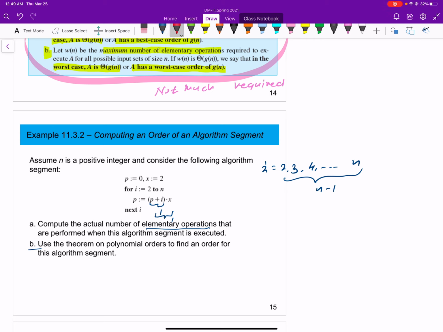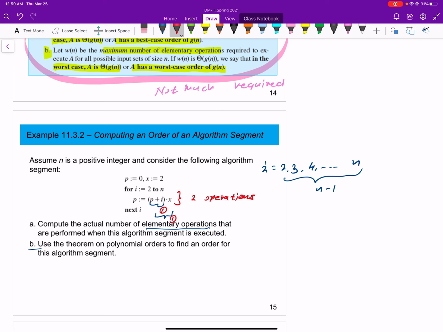So there's one operation here, there's another operation here. So altogether, inside the for loop, there are two operations.